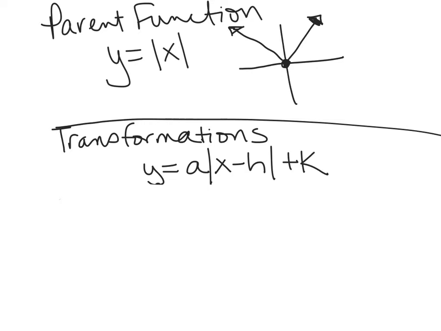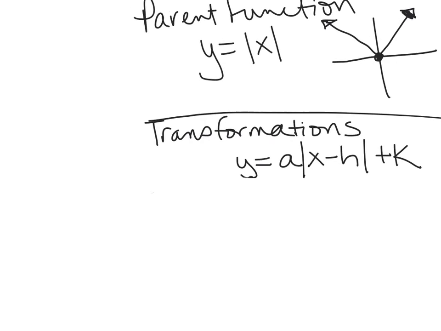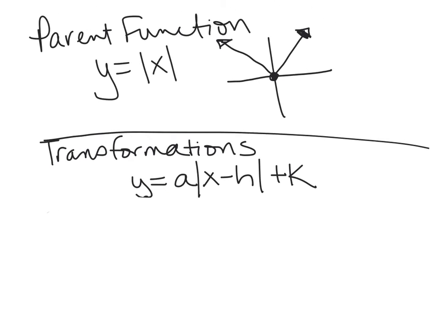So as we discussed in class, the parent function for absolute values is y equals absolute value of x, so that's the graph at its most basic form. With this parent function, the vertex of the V is at the point (0, 0).